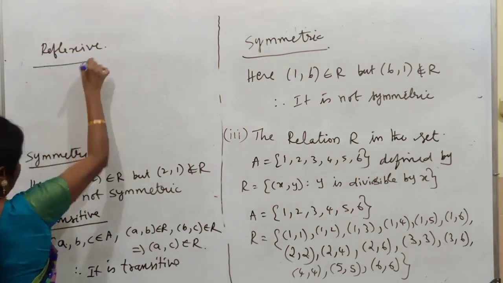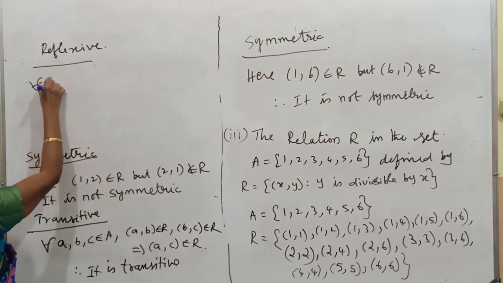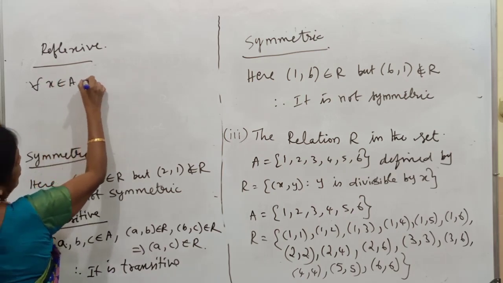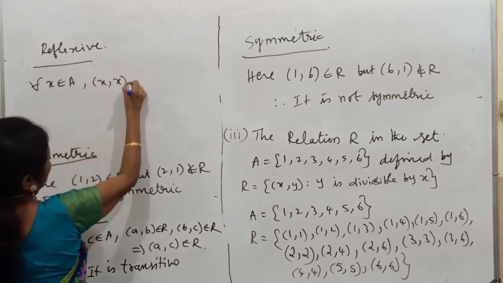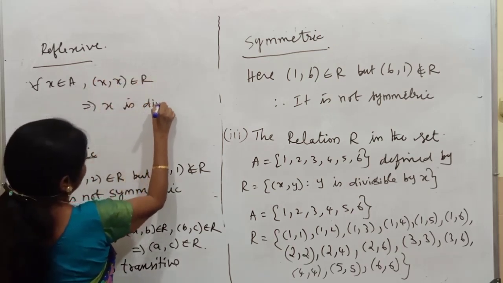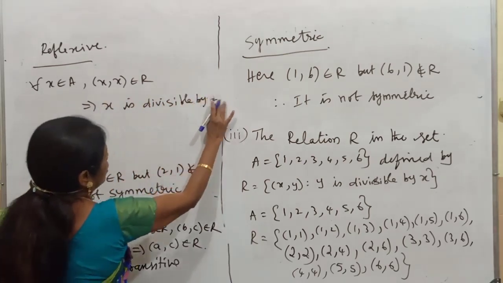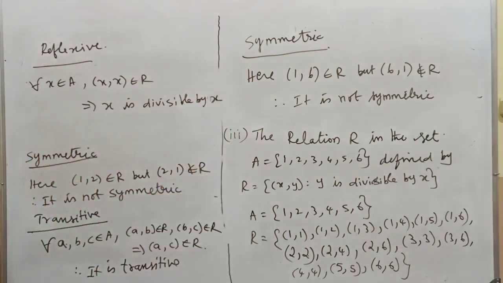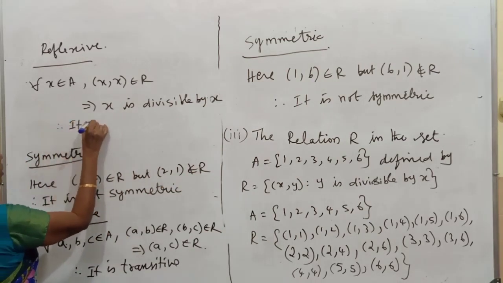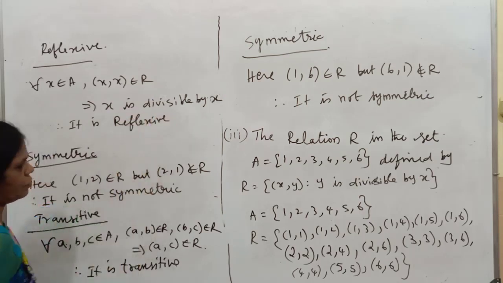Reflexive: for all x belongs to the set A, (x,x) belongs to R, which implies x is divisible by x. Therefore, you know that any element is divisible by itself. Therefore, it is reflexive.